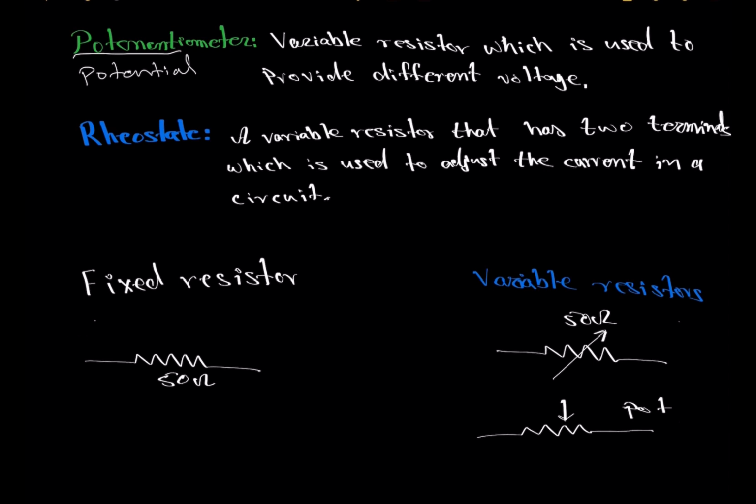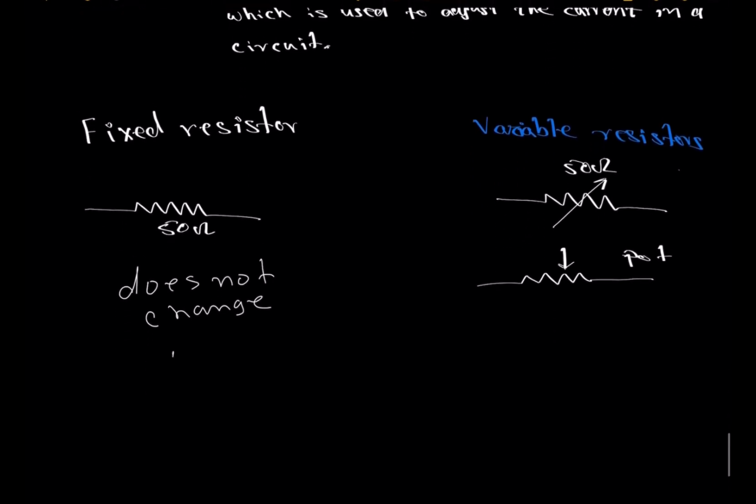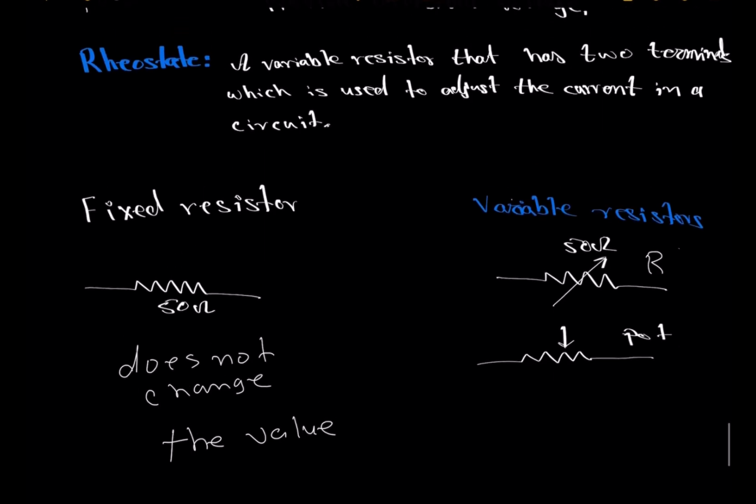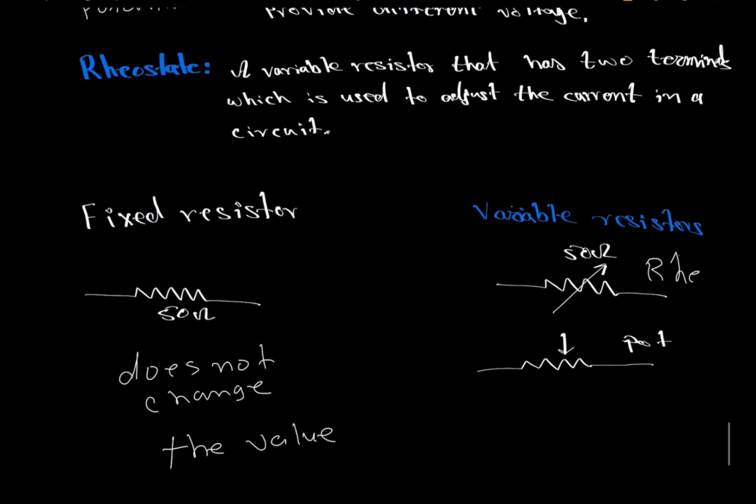The fixed resistors are the resistors that do not change the value, whereas the variable resistors will change the value. So this is a rheostat. And this is a potentiometer.